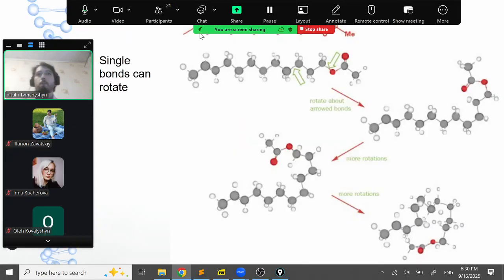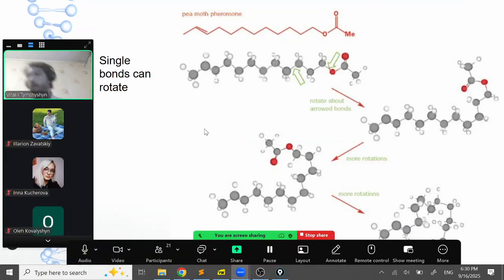Okay, what else? About the structures. So I told you that we are trying to draw molecules to more or less resemble the 3D structure that they have. But I should remind you that single bonds can rotate.